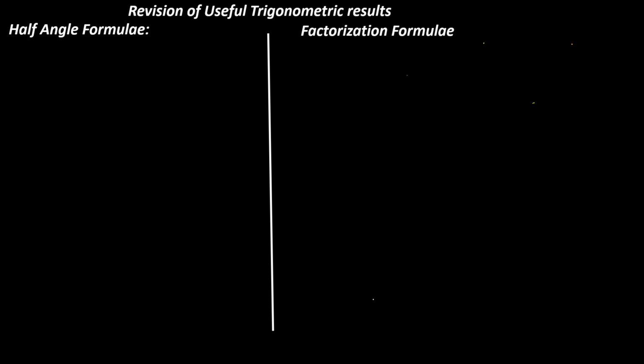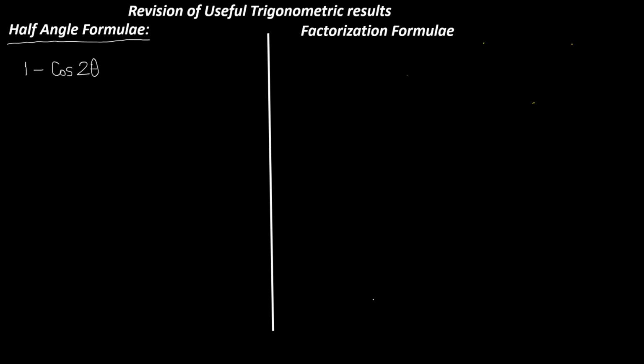Okay, let's look at some of the trigonometric results that we will be using in these type of limits. So the first type of formulas that we will be using while doing the trigonometric limits are half angle formulas. In half angle formulas, there are two really important formulas that we frequently use. The first one is 1 minus cos 2 theta.